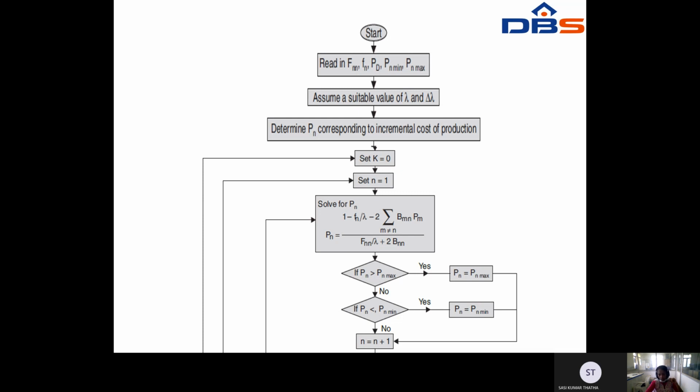When it is yes, Pn equal to Pn maximum. When it is no, we check another condition, Pn less than Pn minimum, and set Pn equal to Pn minimum, and again n equal to n plus 1. We repeat the same conditions.